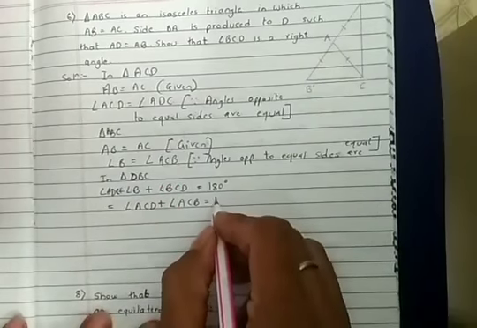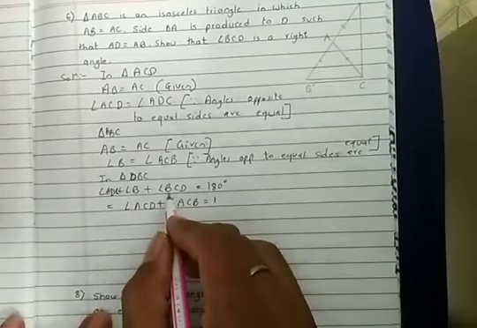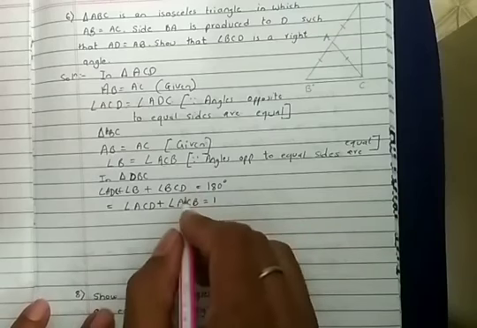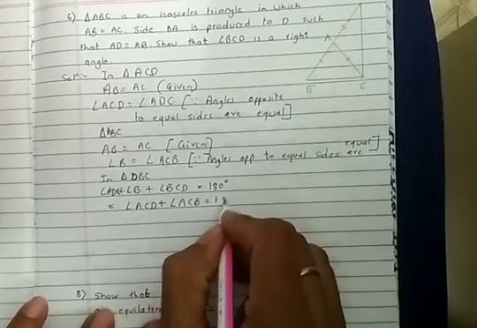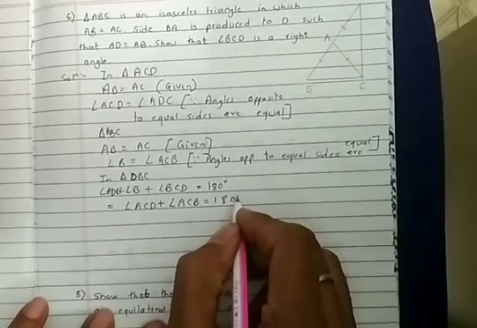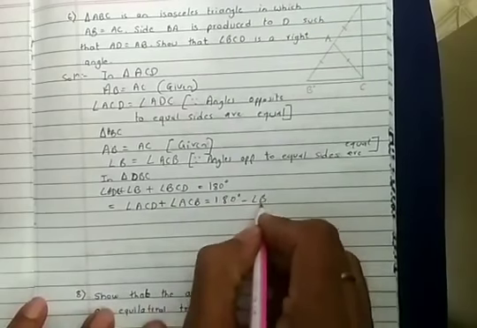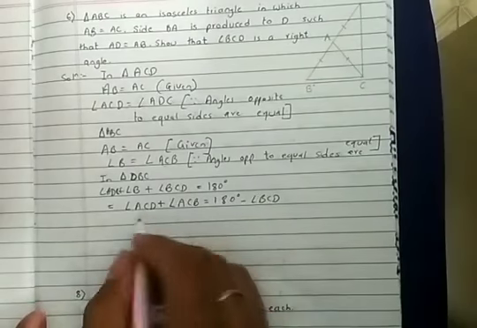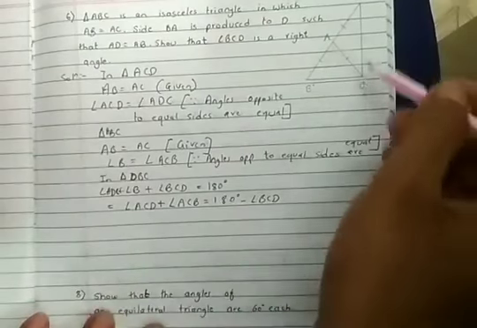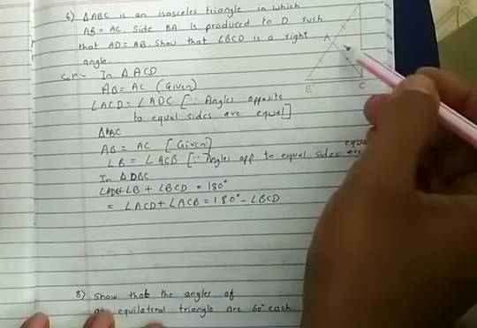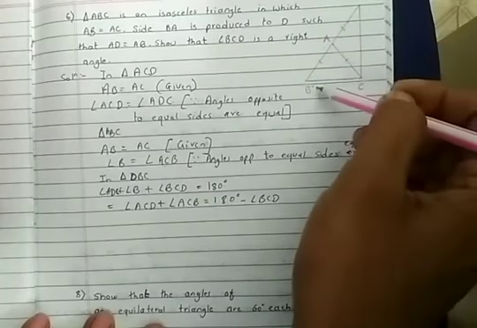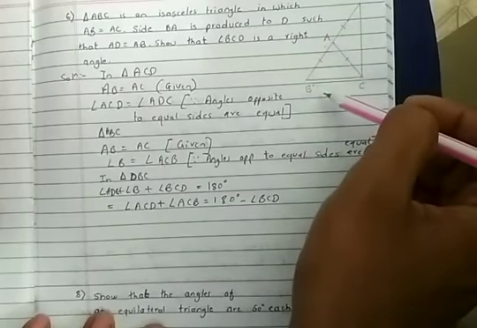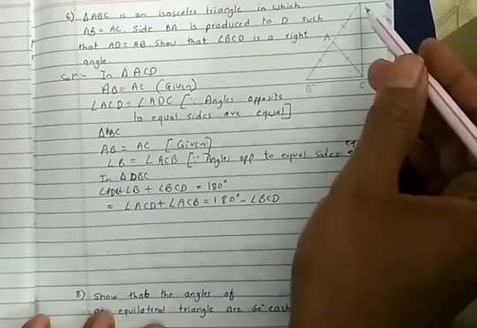And you will find the angle BCD. How will you find? It will be equal to 180 degrees minus angle ACD plus angle ACB. If you add these two angles, it will be angle DCB, or you can call BCD, right?